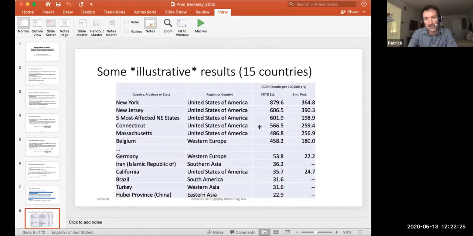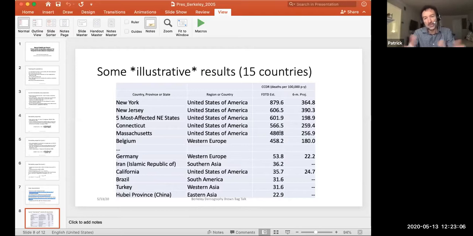So very quickly, some of the results. You see that when we adjust for the period, for example, in high COVID mortality places, we get a number for the state of New York of 879 per 100,000, which is actually higher than the crude death rate, suggesting more than a doubling of the number of deaths in the state. We also get a number for the province of Hubei in China, which is about 60 million, a number that is more comparable to other countries because now we've adjusted, instead of dividing by a huge denominator of 1.4 billion.